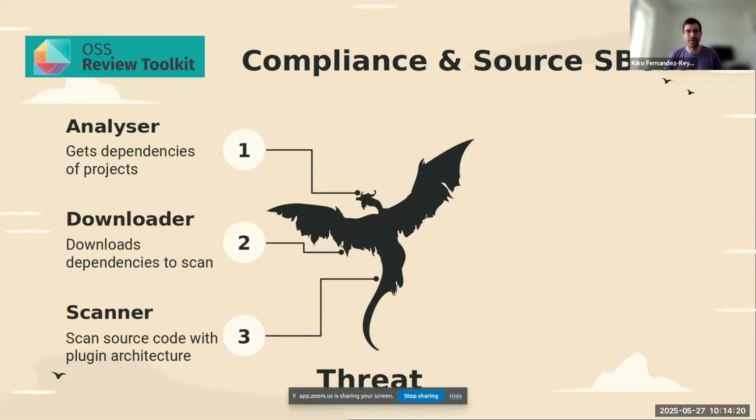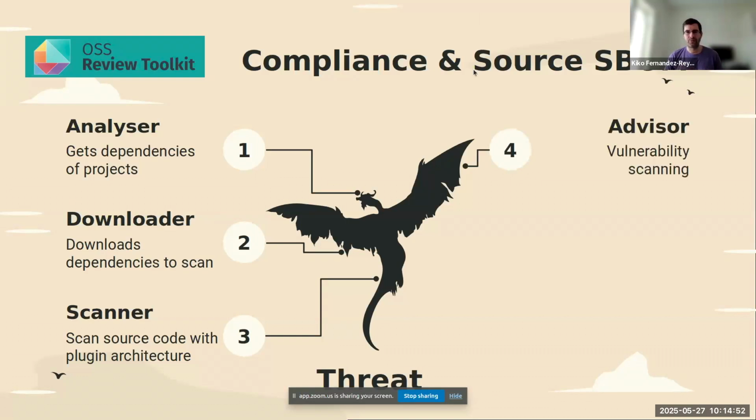And make sure that everything is according to what we expect. The good thing about the OS Review Toolkit is that the scanner is already integrated with ScanCode. And Erlang OTP previously used ScanCode with a customized script to do some of the license compliance, but it was not really working well. So that's why we thought maybe a more automated tool is a good thing.